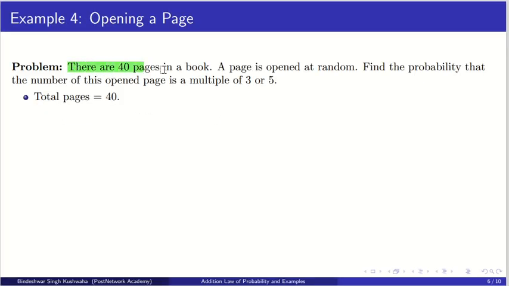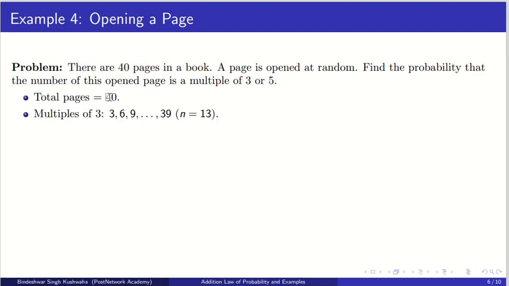There are 40 pages in a book and the book is opened at random. Find the probability that the number of this page is a multiple of 3 or 5. The total pages are 40, and the multiples of 3 are 3, 6, 9 till 39, so there are 13 pages. Multiples of 5, there are 8.